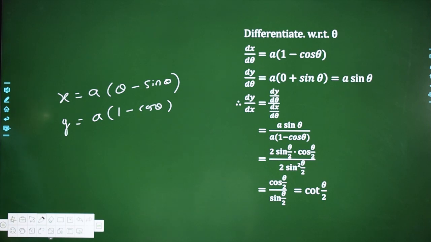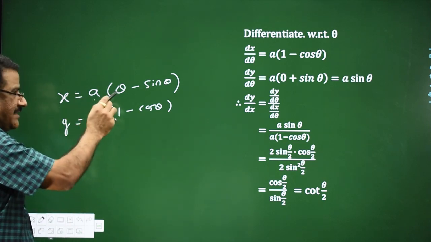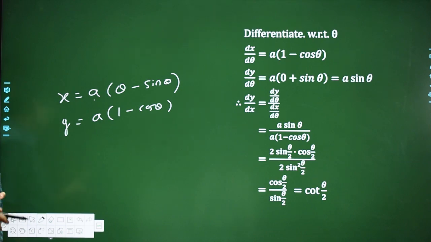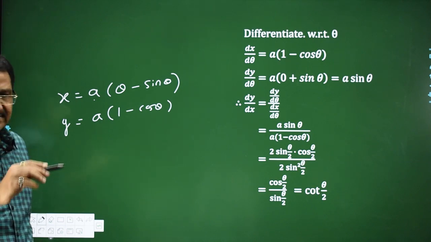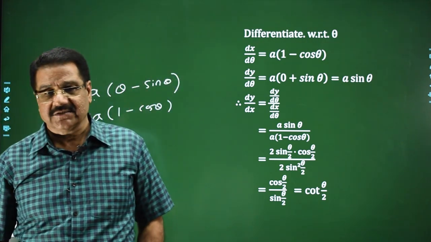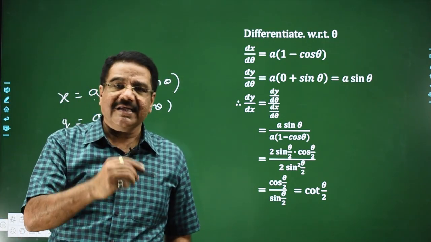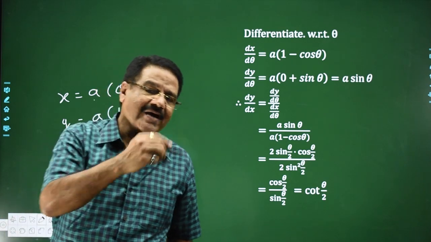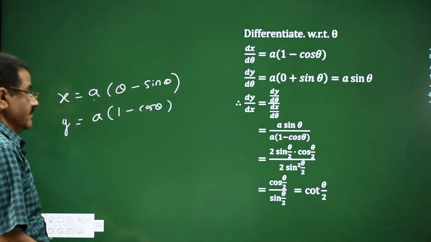This was the question. Now, let us see dx by d theta. So, a as it is, theta is just behaving like x. We know that the derivative of x is 1 when you differentiate with respect to x. In the same manner, the derivative of theta is 1 when we are differentiating with respect to theta.